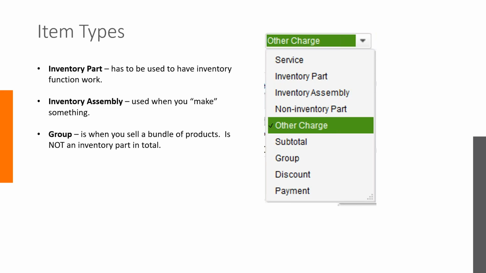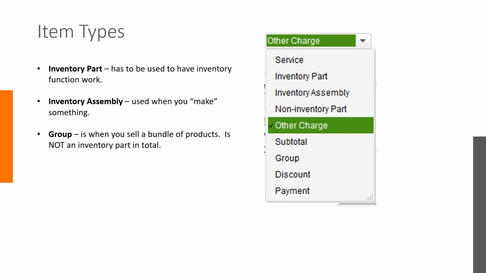People get confused a lot and use group and think they're kind of doing an assembly. A group is just a way to let you sell a bundle of products. It is not a separate inventory part. So if I have a bundle of, in my example, I've got cushions and chair and cup coolers. Those are individual parts.